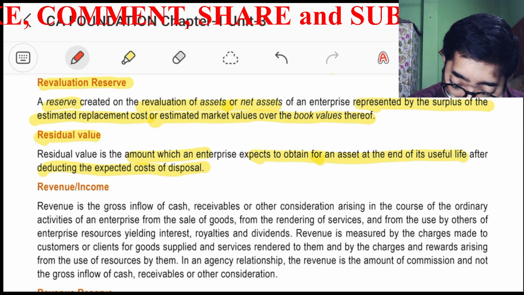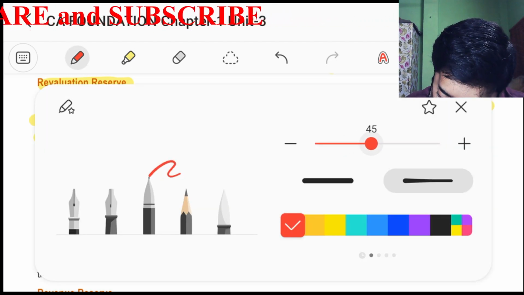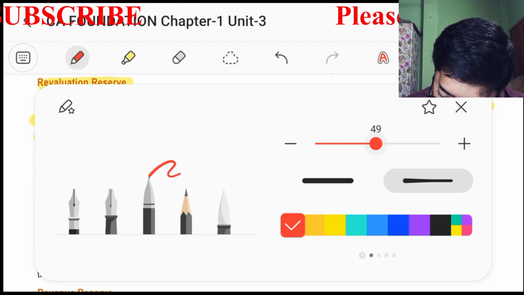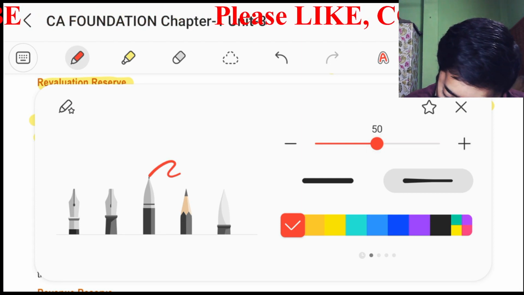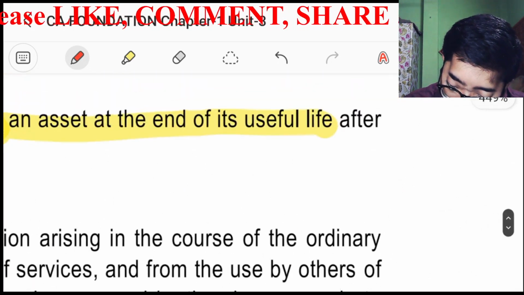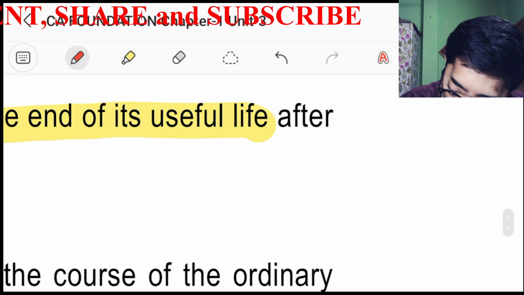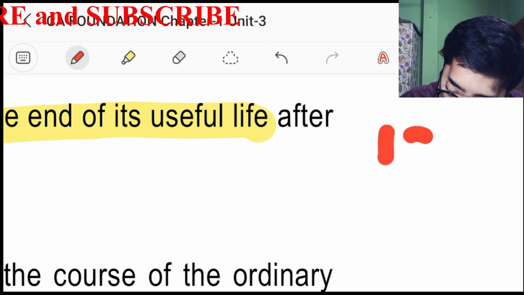For example, I am having this pen which costs ₹100.